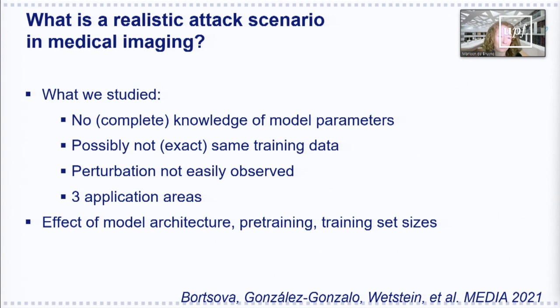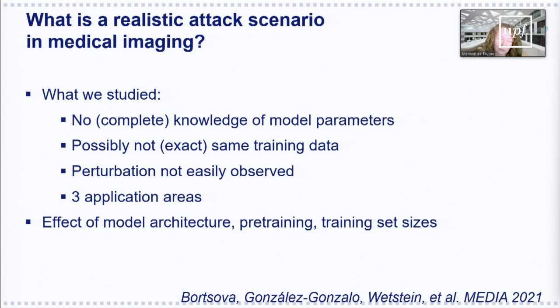We assume that the perturbations should not be easily observed. Otherwise, if it's obvious that the image has been tampered with, it could easily be detected. We assume that's not the purpose here.